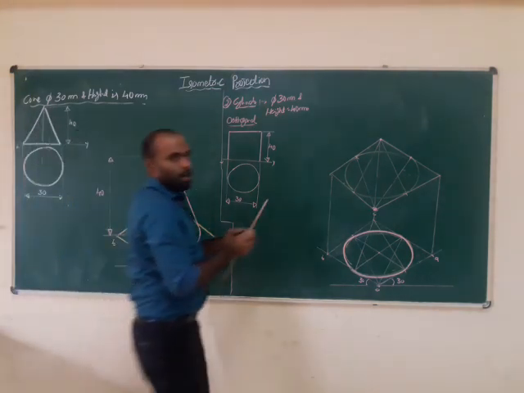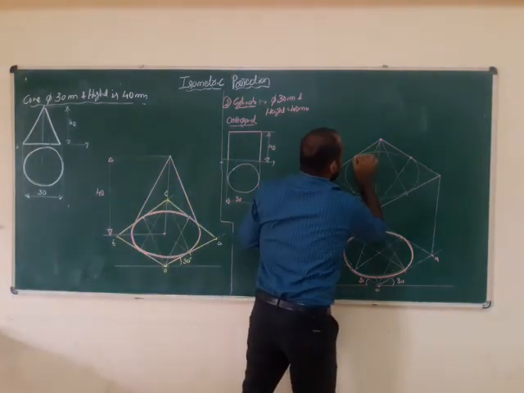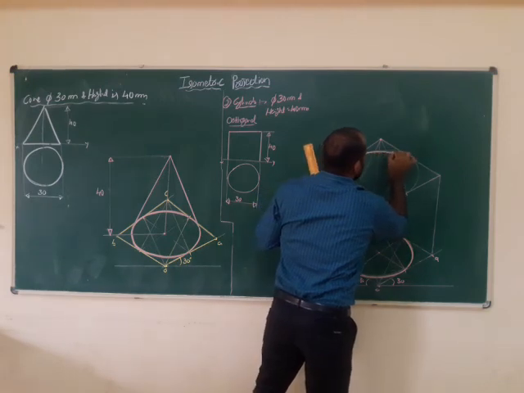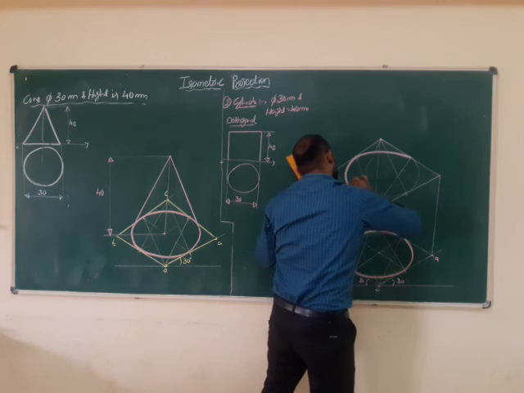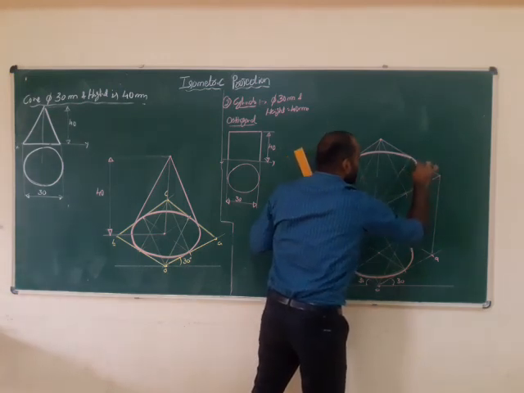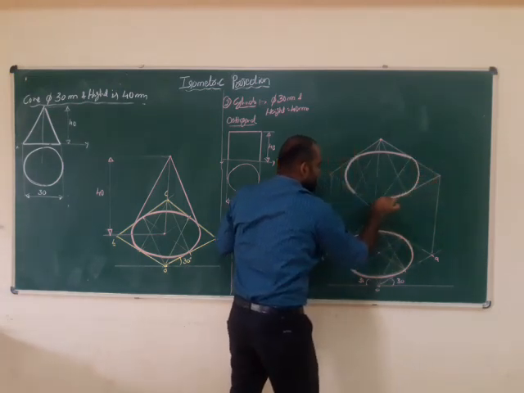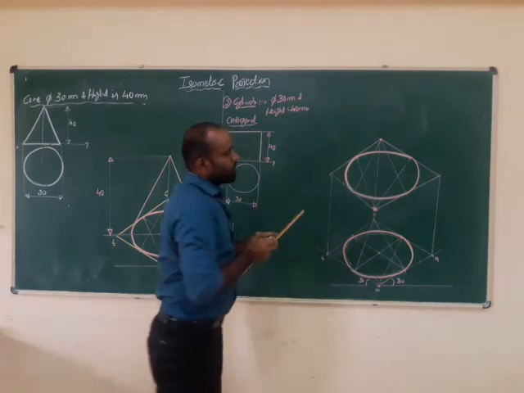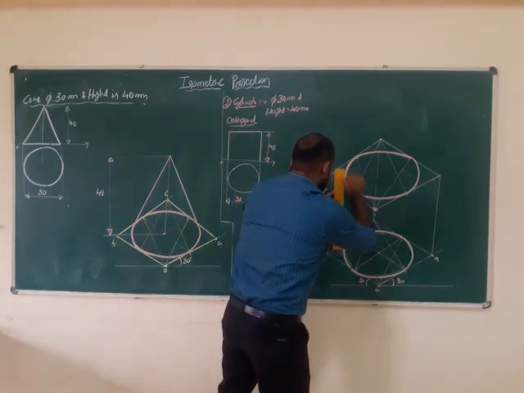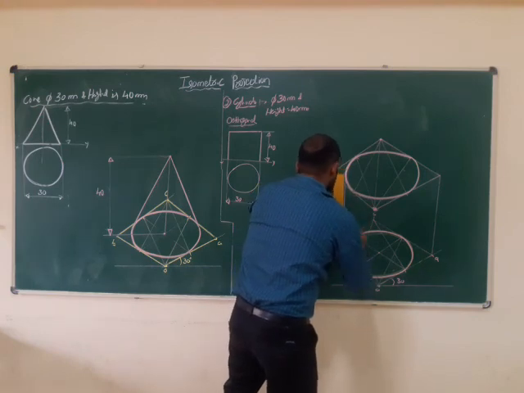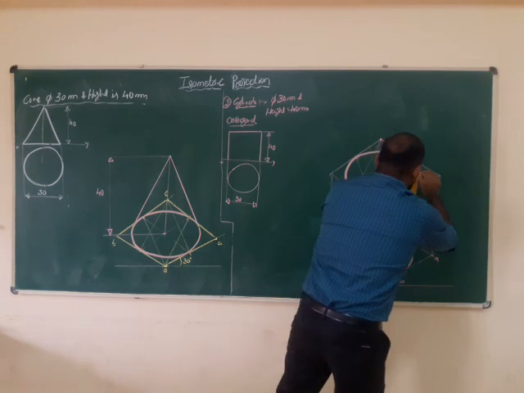And draw a dark line. Because it is a cylinder, I have to draw one surface line from both sides.